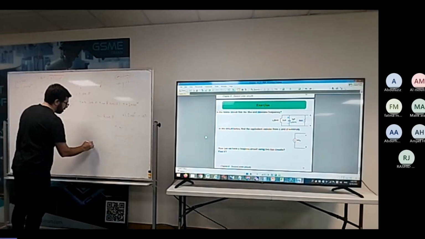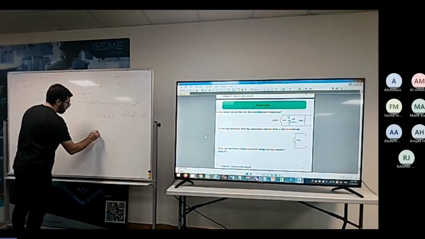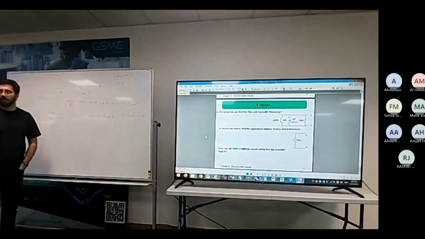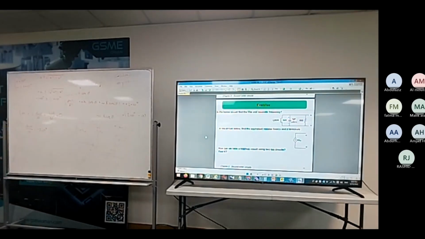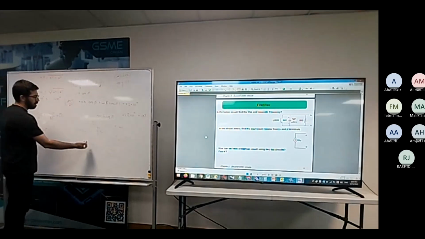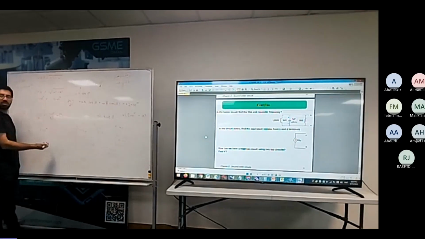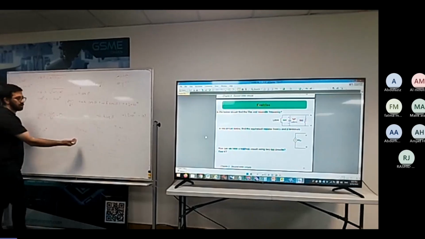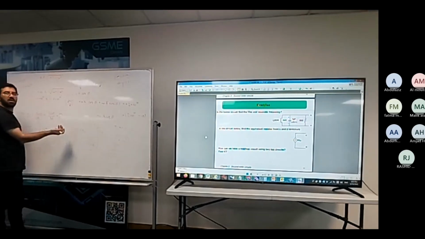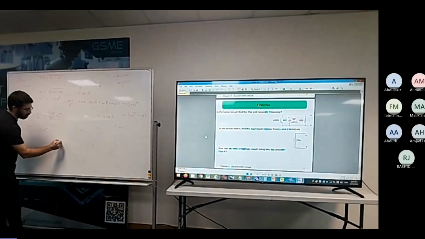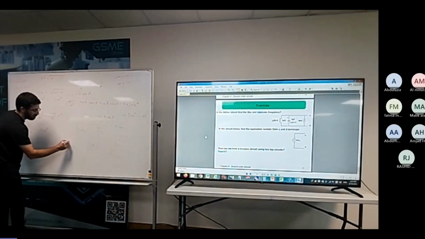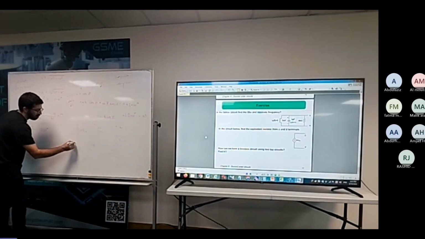If I apply V_T here, what is the relationship of I_T and this current source? It is the same but negative, the opposite direction, which means I_T is negative K I_B.